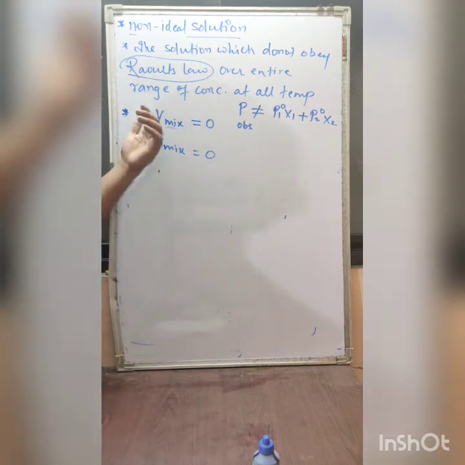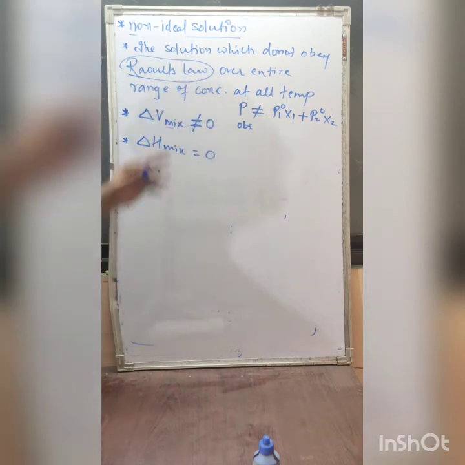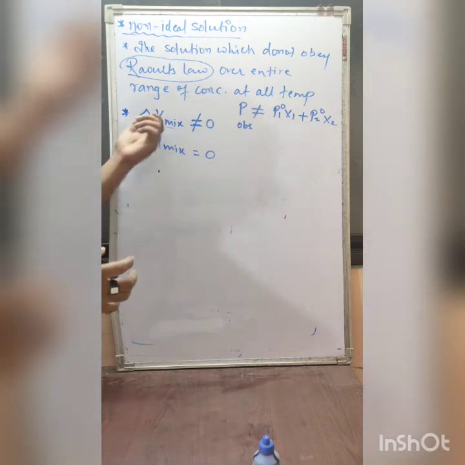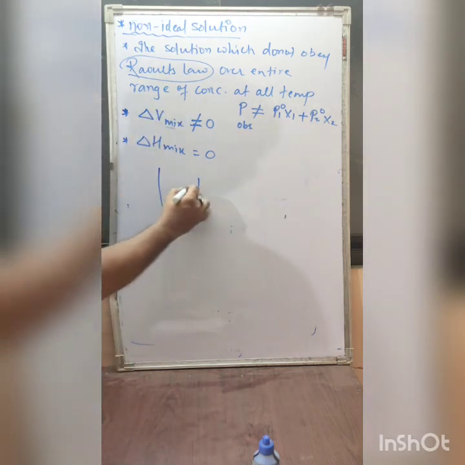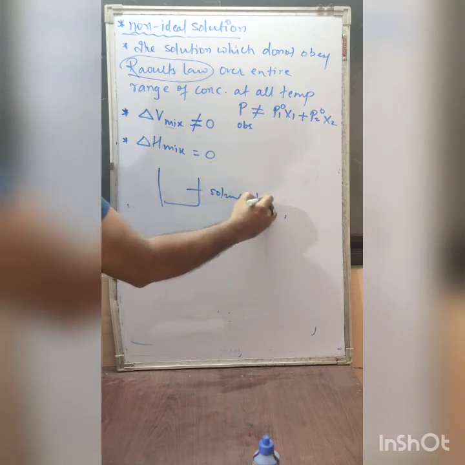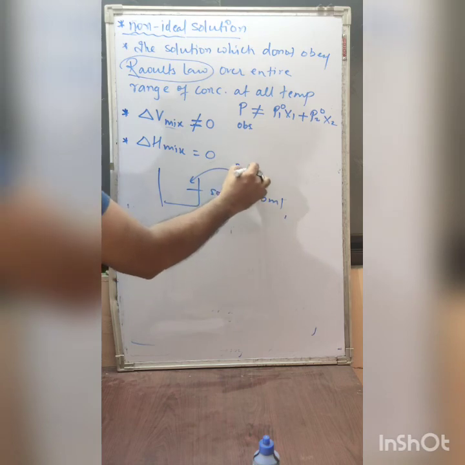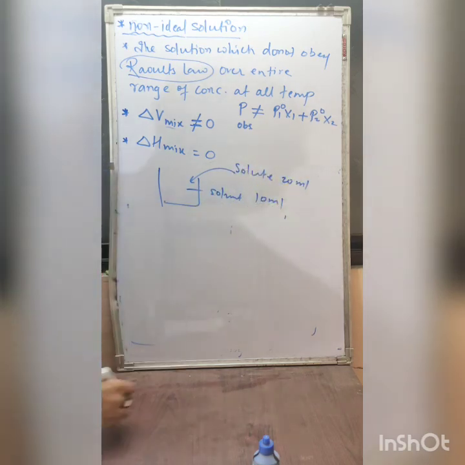Next, delta V mixing is not equal to 0. For the non-ideal solution, delta V mix is not equal to 0. Means if I have taken a solvent, suppose 10 ml, and in this solvent I added a solid, suppose 20 ml.